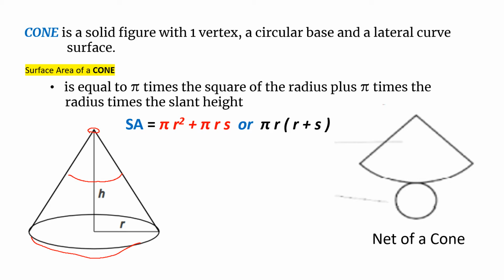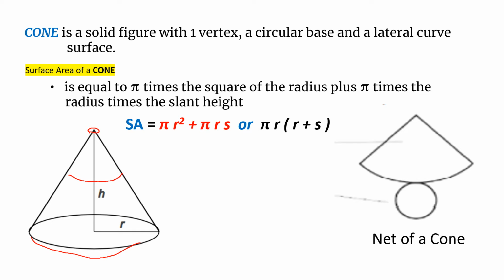Because if you look at the formula or pattern, pi r squared plus pi rs, there's a common factor pi r. Kaya kung mapapansin nyo, dun sa after nung or, nagkaroon ng pi r sa labas ng parenthesis. Okay? Dahil nga, sabi natin, yung pi r is the common factor of pi r squared and pi rs. So, alin man dito sa dalawa, ito yung formula na gagamitin natin in solving surface area of a cone.